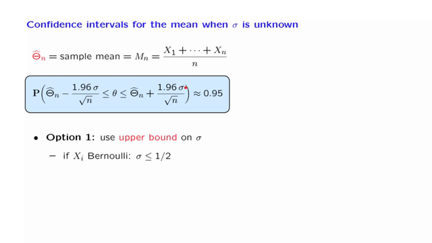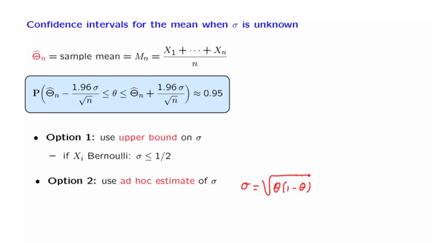Another option is to try to estimate sigma. How do we estimate it? We can perhaps use an ad hoc estimate of sigma that fits the particular situation at hand. So for example, in the Bernoulli case, we know that sigma is given by this formula, where theta is the mean of the Bernoulli.